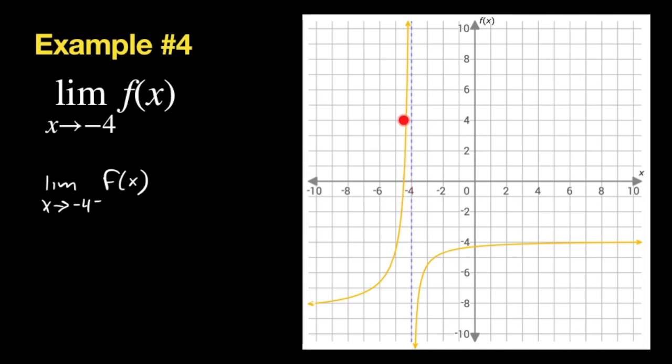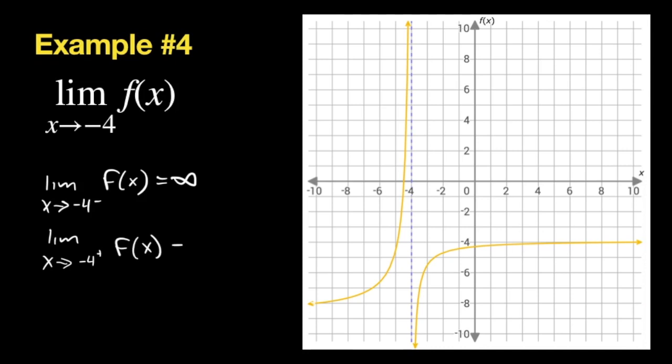we see that this is going up forever. So we see that this is actually increasing. It's not going to a specific value. Now, if you look at the limit as x approaches -4, but now we're going to pay attention to the positive side, so it's coming from the right side, you see that this is going to go to the negative side.